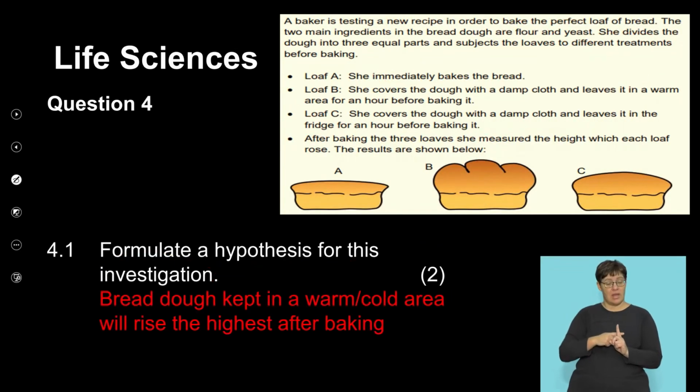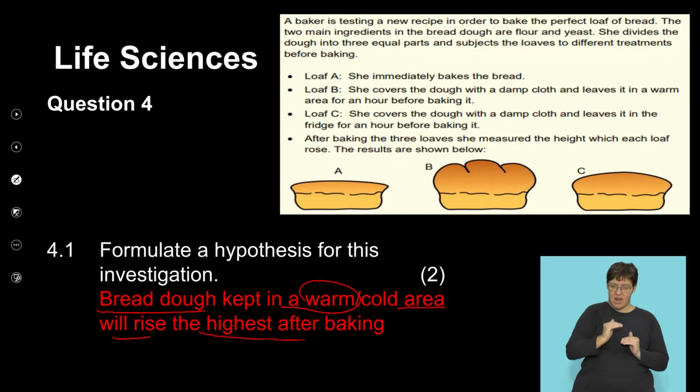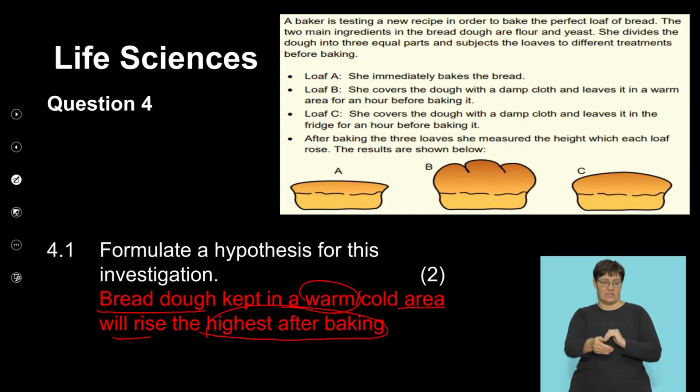So, a possible hypothesis would be bread dough kept at warm areas will rise the highest after baking. Or you can also say that the bread dough kept in the coldest area or the cooler area will rise the least.